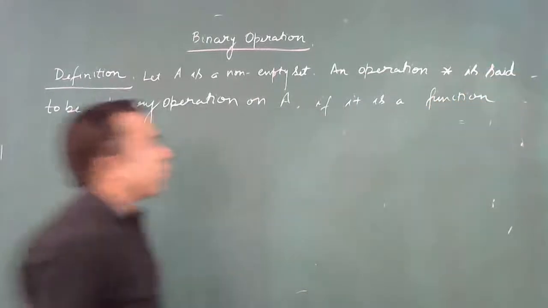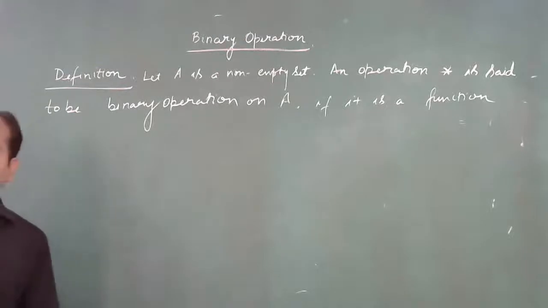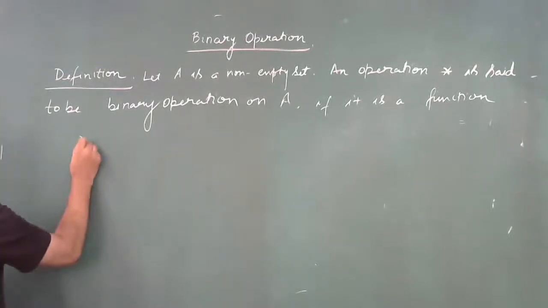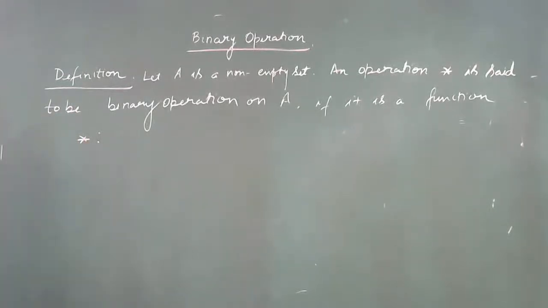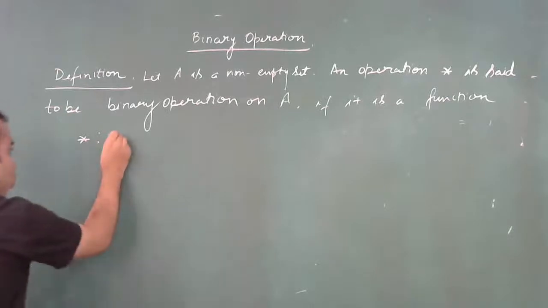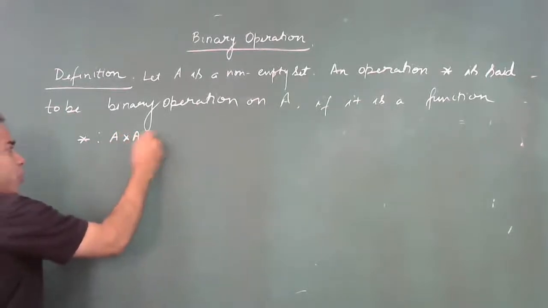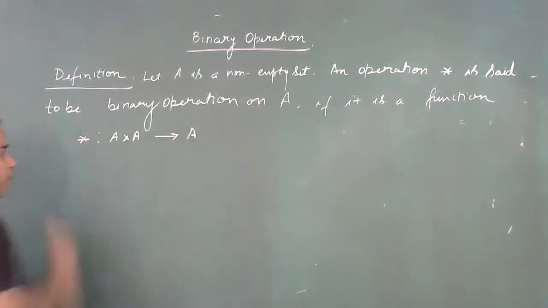You can say in this manner also that a binary operation is nothing but a function. Because it is a function, it will have a certain domain and a certain codomain. Its domain is A cross A, and it works from A cross A to A, right?